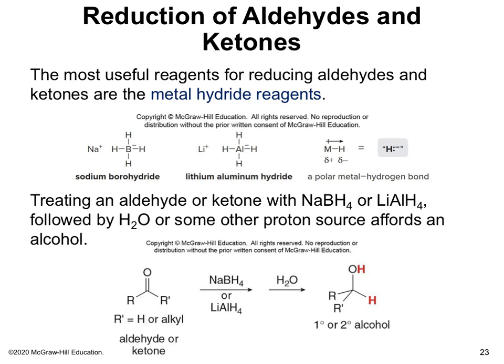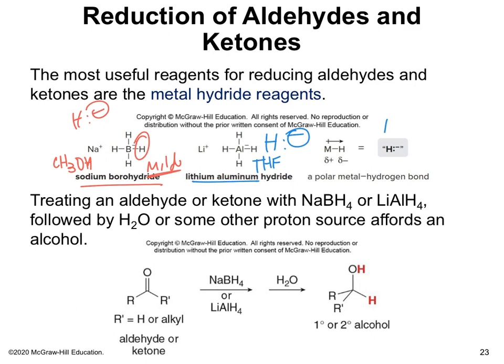Okay, so reduction of aldehydes and ketones, we're going to deliver the hydride. So these are reagents to deliver a hydride. This one's going to be mild. So if you can use mild, you want to, because you can use solvents like methanol. Lithium aluminum hydride is a very strong, harsh reducing reagent, and it also delivers a hydride. You have to use special solvents like THF, tetrahydrofuran.